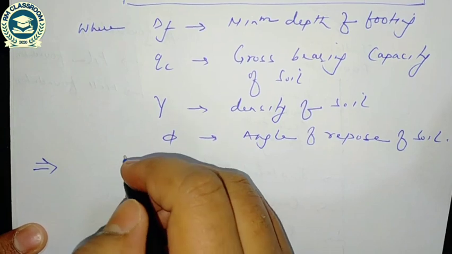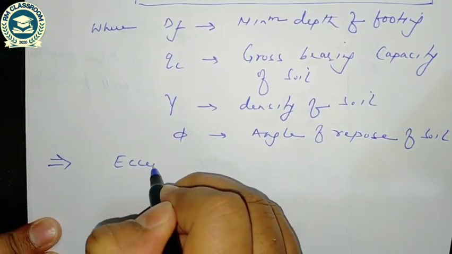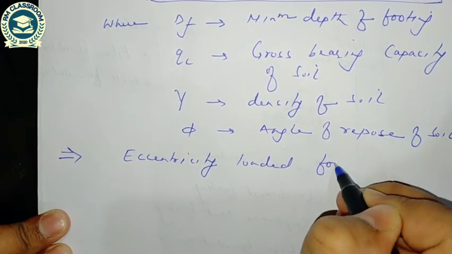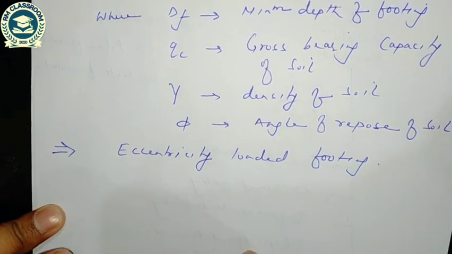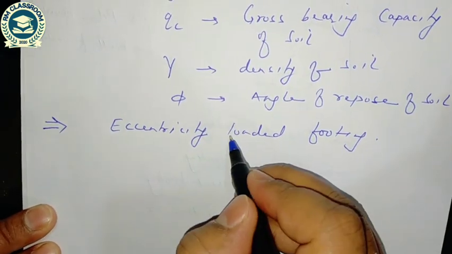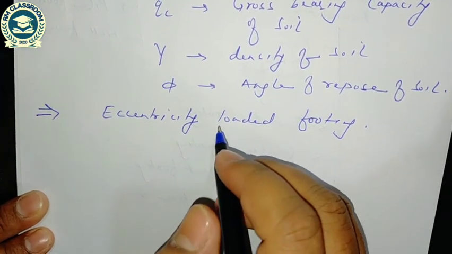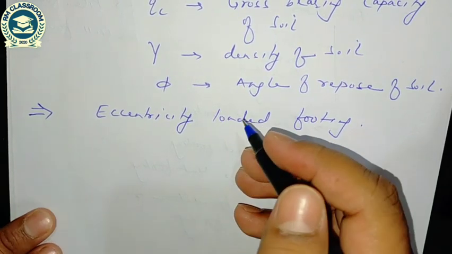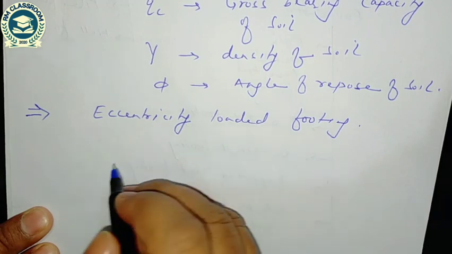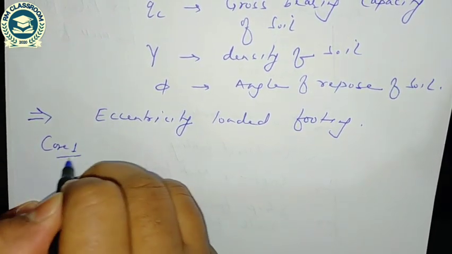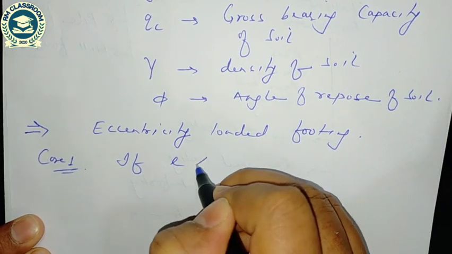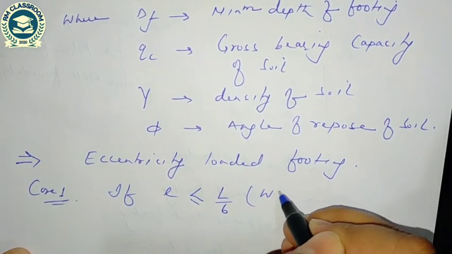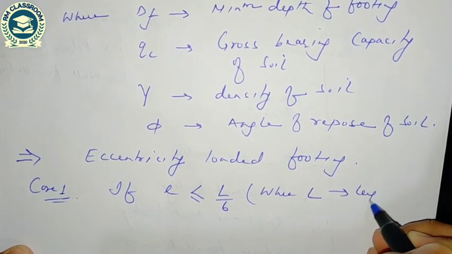For an eccentrically loaded footing, if there is eccentricity created in the footing, the stress can be computed in two cases. Case first, if eccentricity is less than or equal to L by 6, where L is the length of footing.